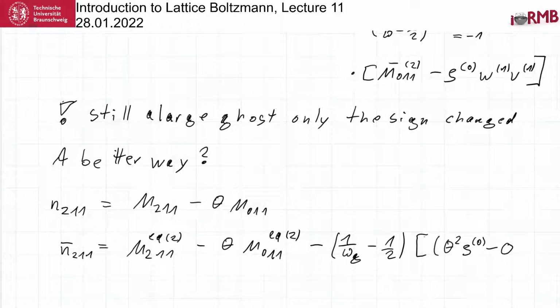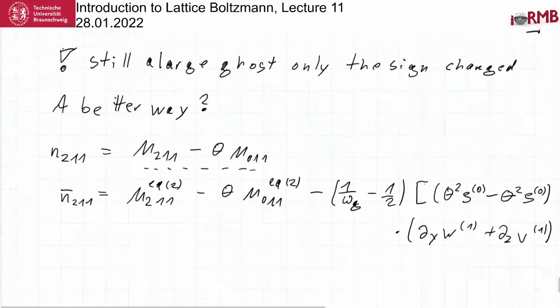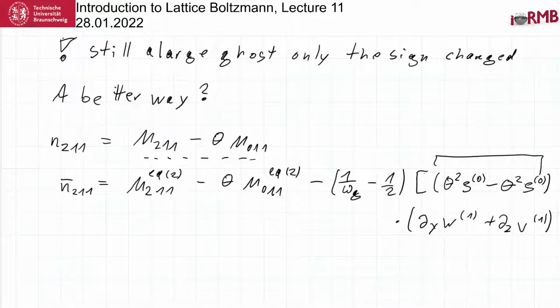I specified this relationship in such a way that back here these two things cancel out, so we will have again dy w1 plus dz v1. And because this here is obviously 0, this will disappear.